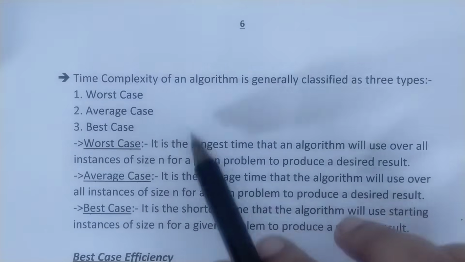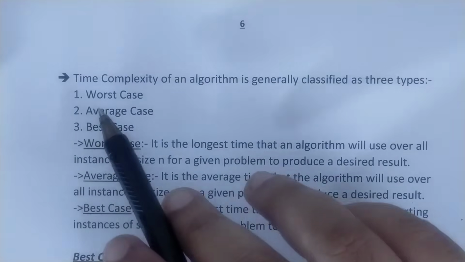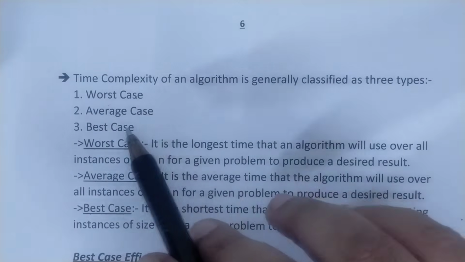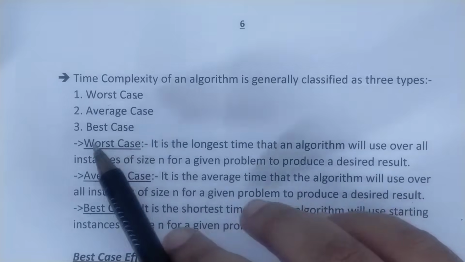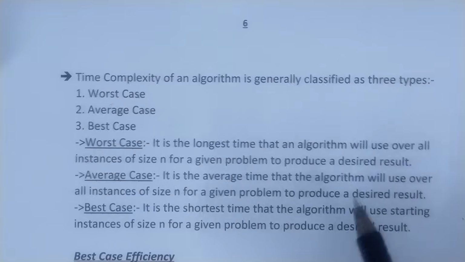Time complexity of an algorithm is generally classified into 3 types. First is worst case time complexity, second is average case time complexity, and third is best case time complexity. Worst case time complexity is the longest time that is used by an algorithm over all instances of size n for a given problem to produce a desired result.